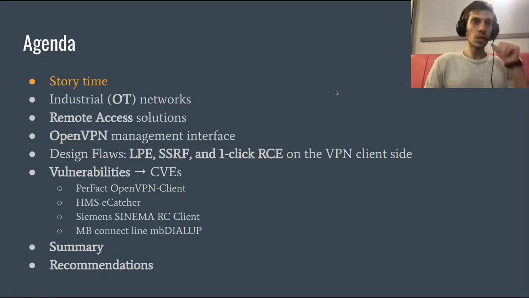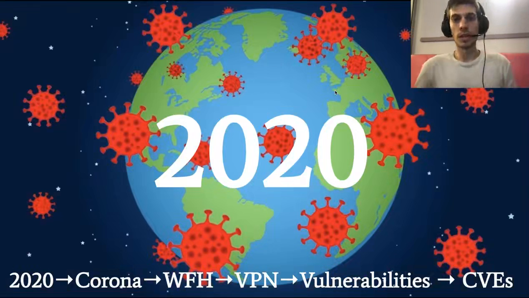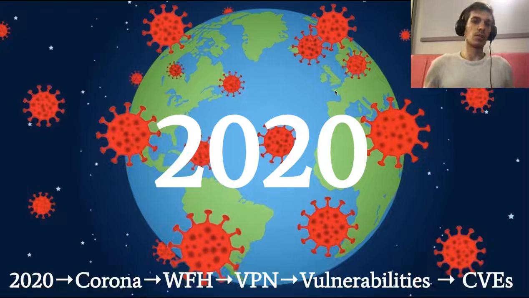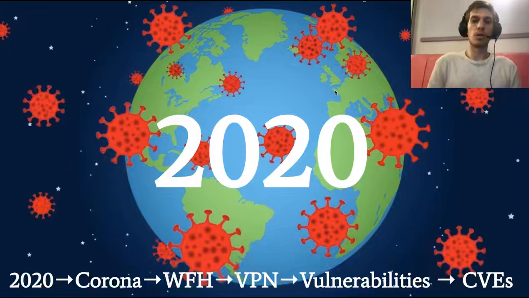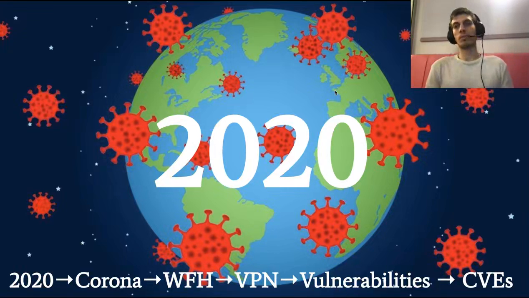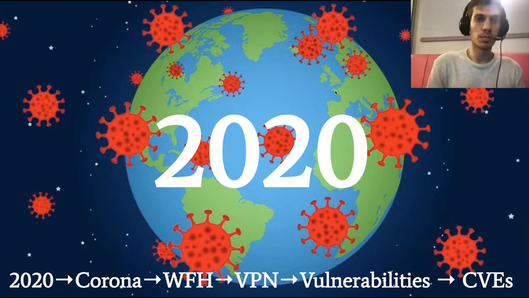So with that, let's start with our story time. 2020, as you all know, the corona pandemic broke out around the world, and people started to work from home. So WFH, work from home, became very popular, but people still needed to work somehow.